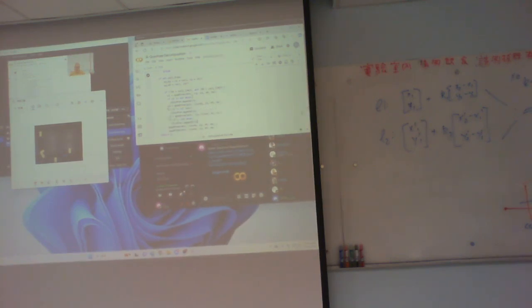If C2 is not none, C3 is quadtree of the environment for CY, CX plus NW, NH, NW.